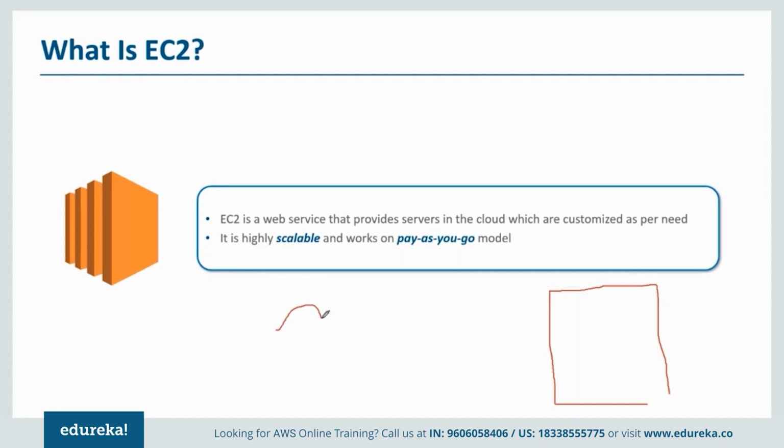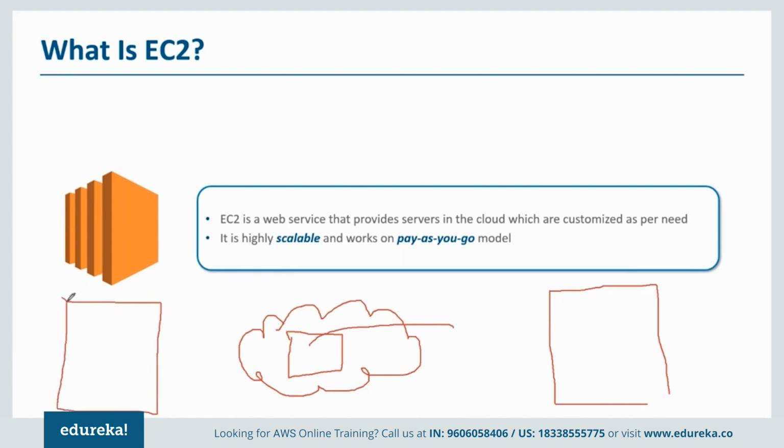Or we can use the services already deployed over the cloud. Here we have an already deployed and pre-configured server on top of which we can simply deploy applications automatically as part of a cloud service. EC2 is just like when we create multiple servers, multiple VMs, as in virtual machines. In the same way here we have EC2.